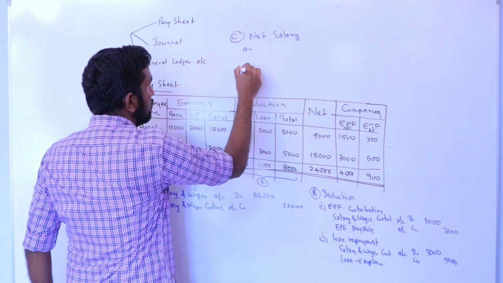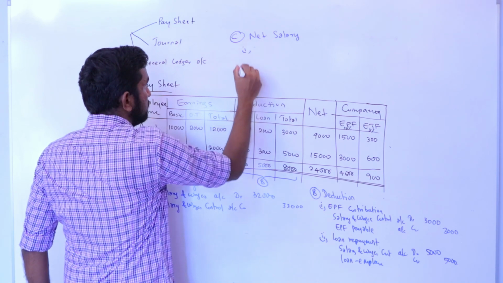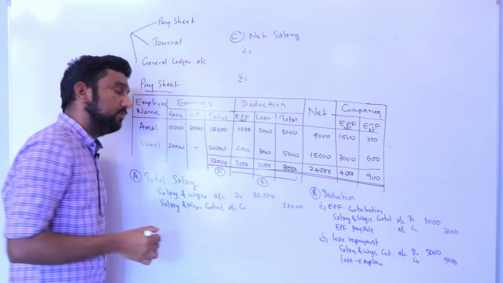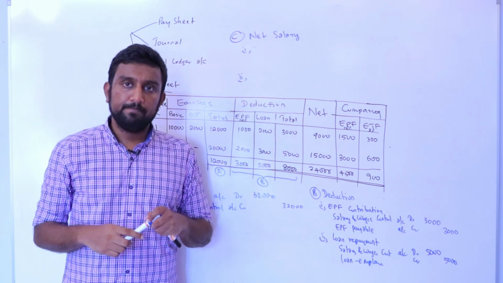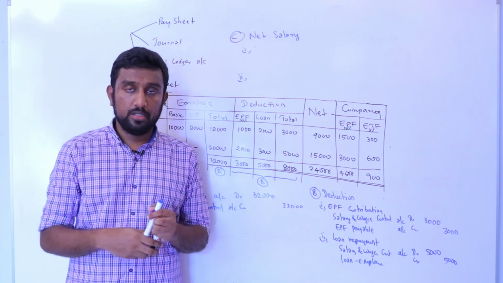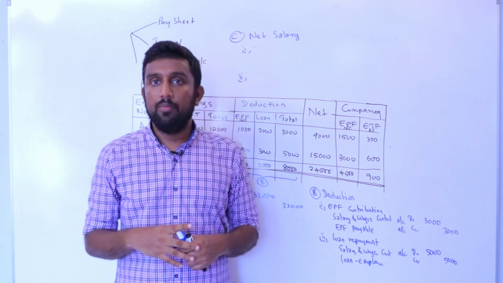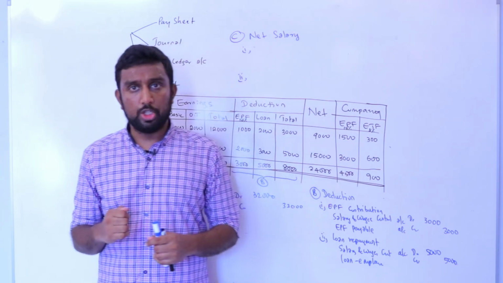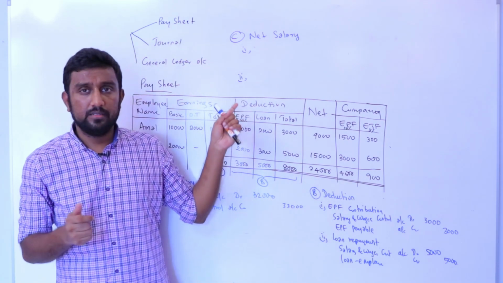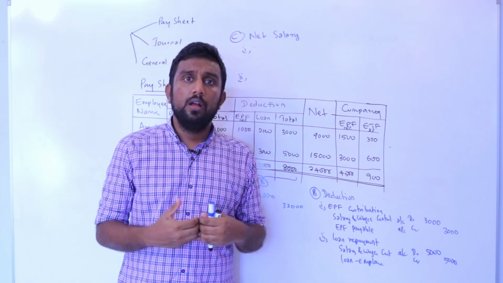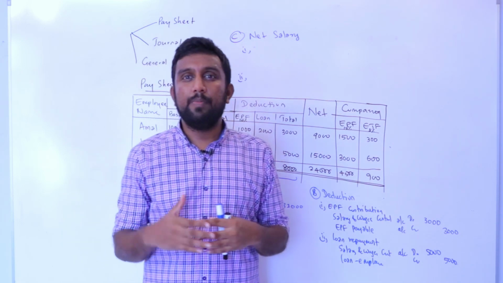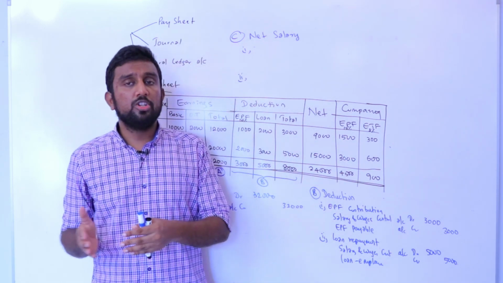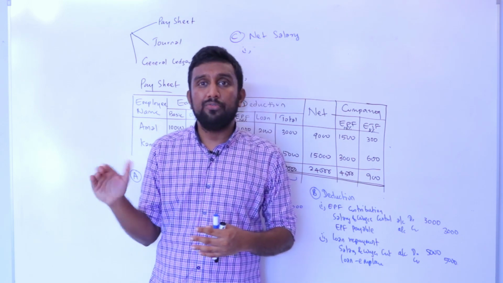So net salary, we do have two options. Either we can pay by cash, or we can keep it as a payable amount. So that also will be given in the question. Based on that only this will be decided. So in some question they will say this salary will be paid at the end of the month. In some question they will say salary will be paid the second day of the next month.